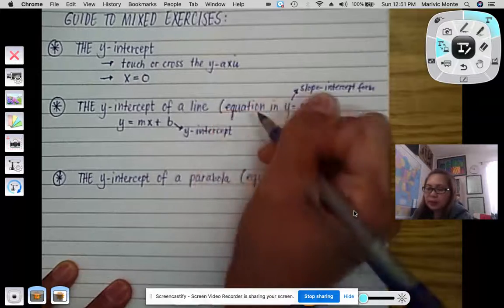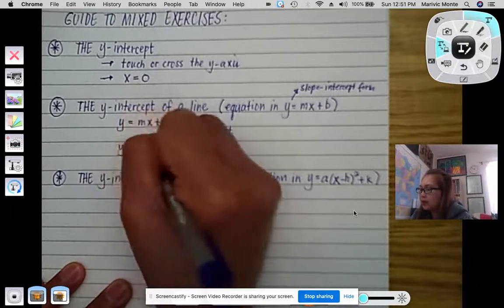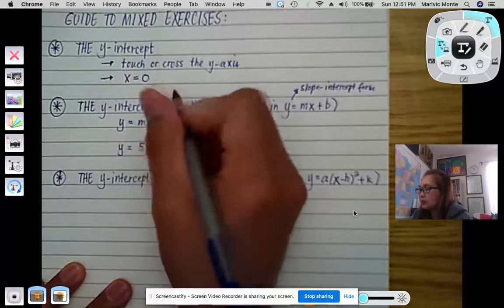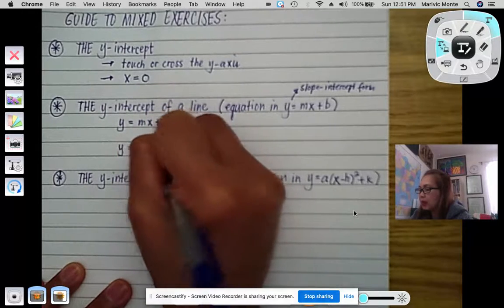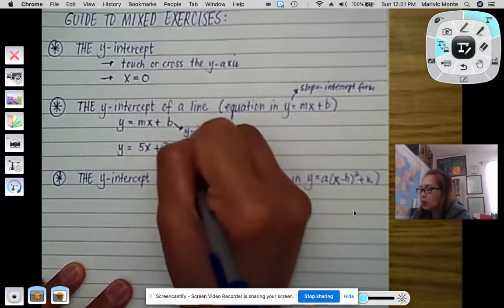So for example, if you have y equals 5x plus 8, 8 here would be your y-intercept.